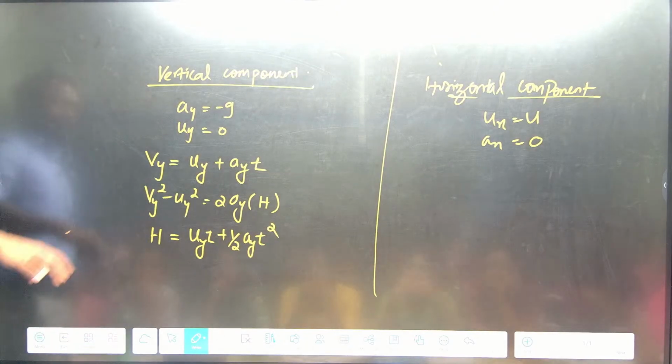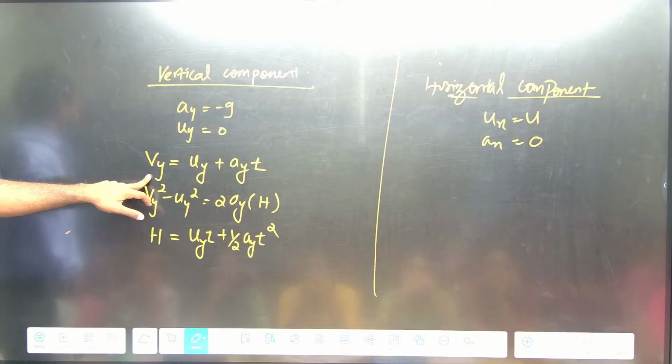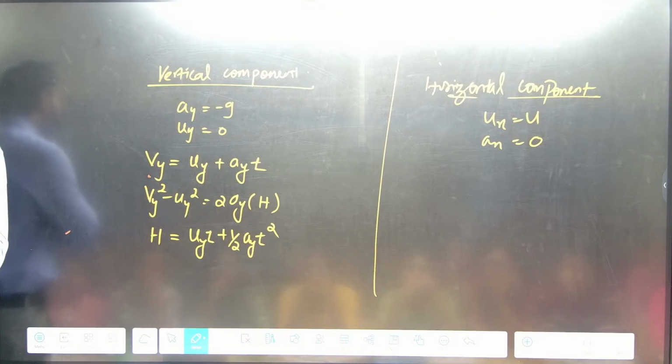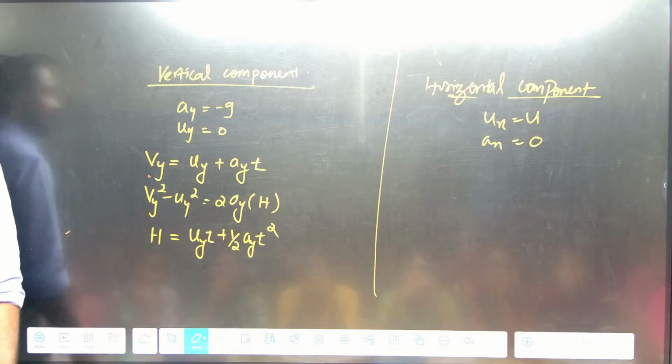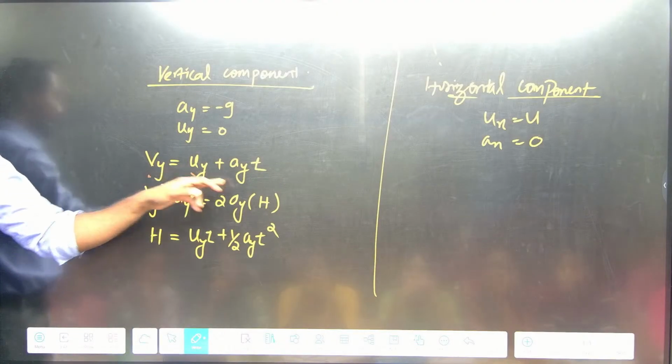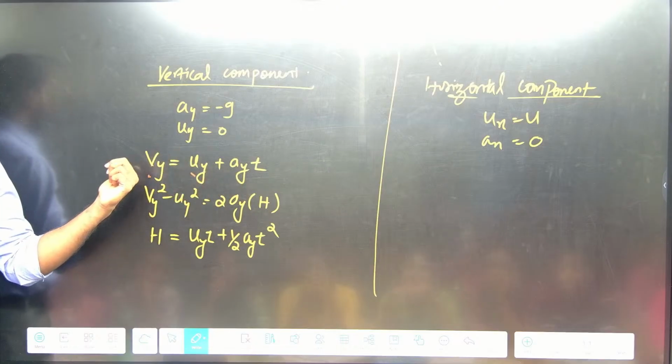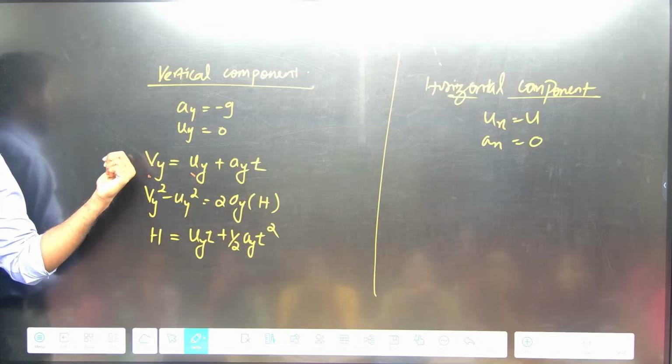So is there any final velocity here? If I drop the object, obviously it will go down. So initial velocity is 0. Final velocity will be there or not? So final velocity is also in the downward direction.